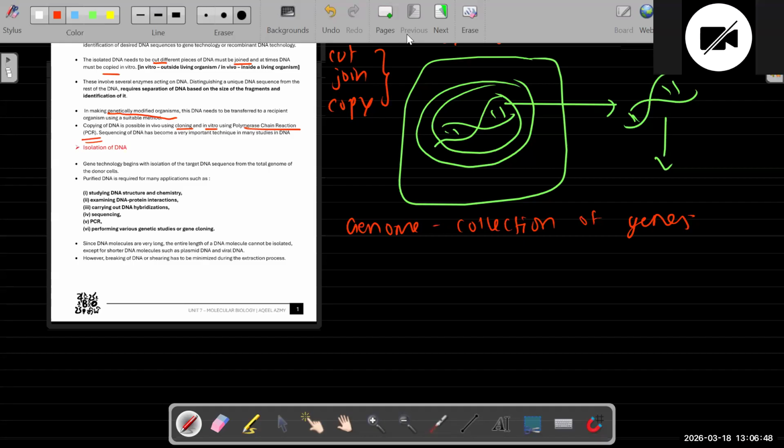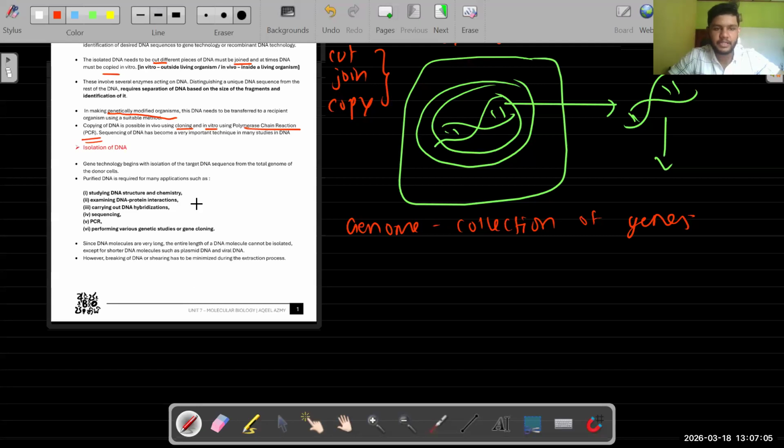Purified DNA means extracted DNA is required for many applications. Now this DNA can be used in various applications. It can be used for studying the DNA structure and chemistry, and examining DNA protein interaction. See here, studying DNA structure and chemistry.